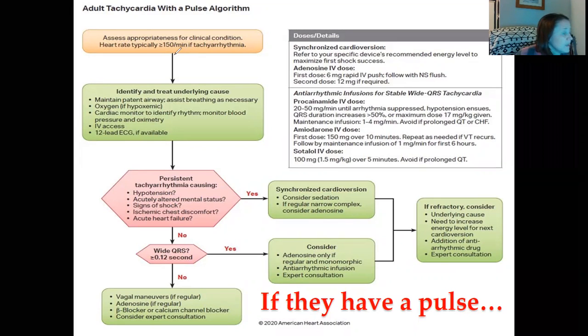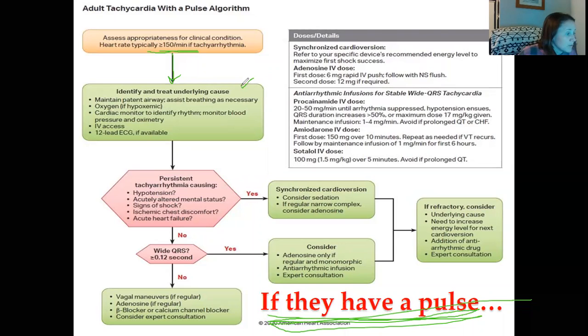So the first thing, we've seen that they are tachycardic and they have a pulse. If they do not have a pulse, this is not the algorithm we're going to follow. If they have a pulse, it will. So first, we're going to try to identify that underlying cause. We're going to get them hooked up to the monitor.